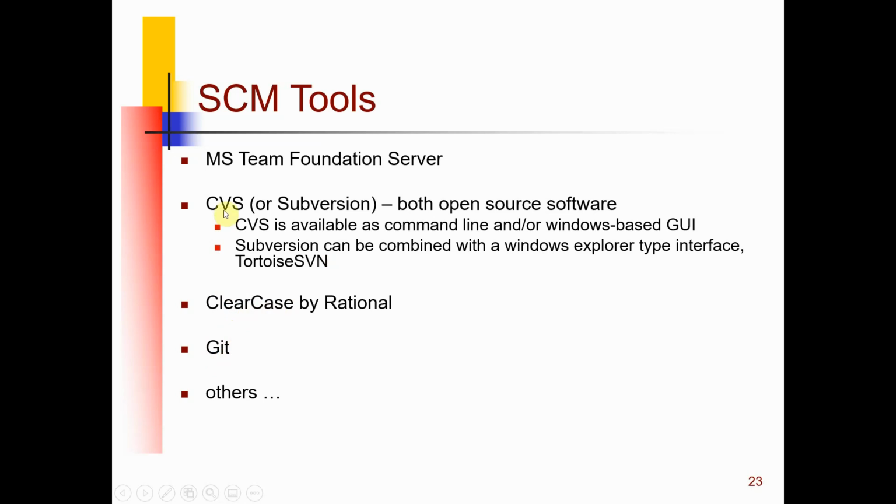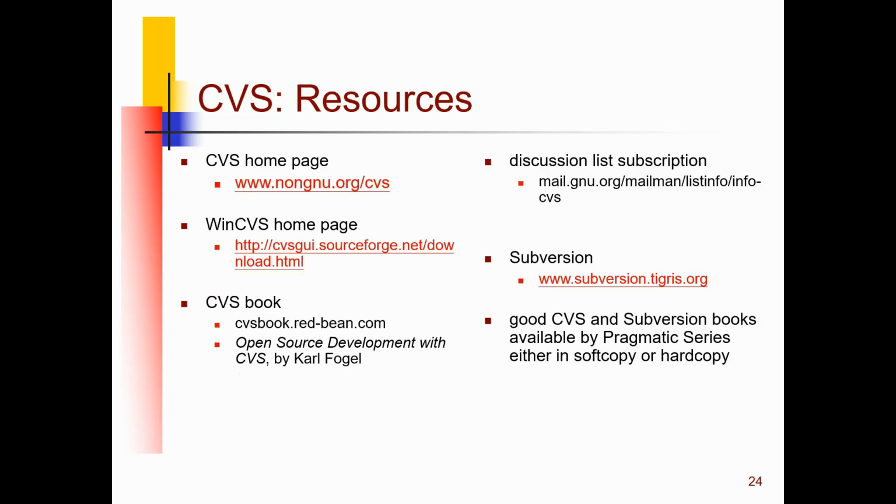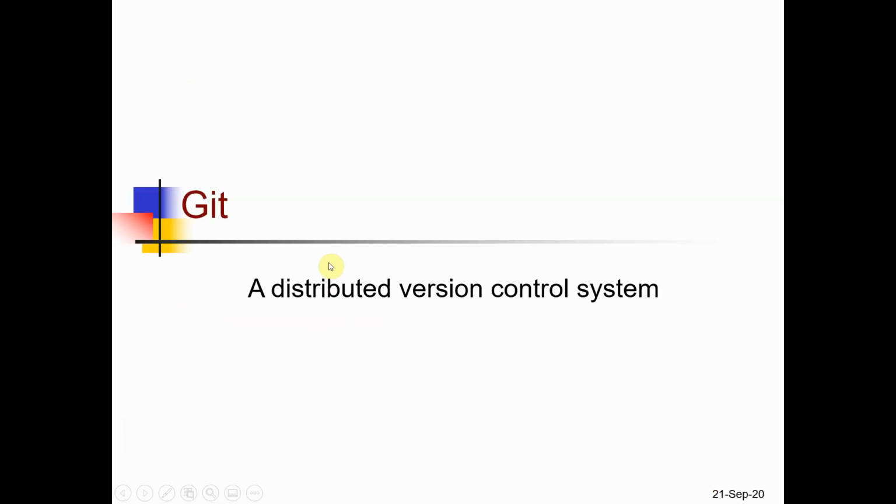So Git compared with them is relatively new. We will talk about Git, and in the lab you will practice Git. Here, let's see first the CVS. I will skip this part because people still use CVS, but not as much as Git. So we'll go directly to Git.